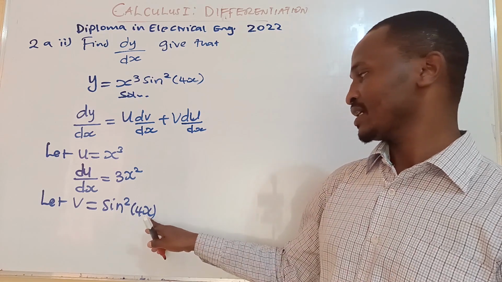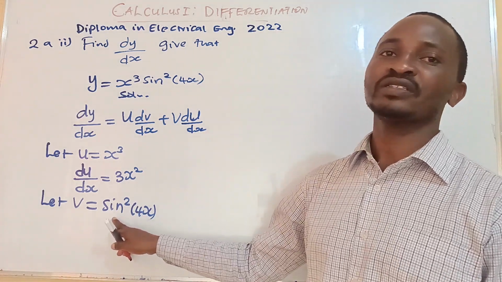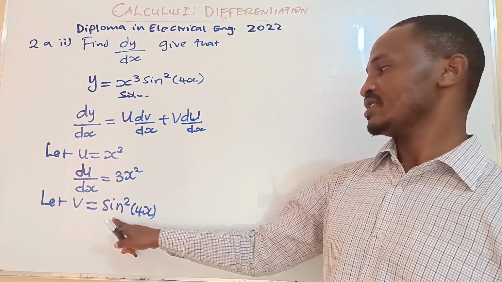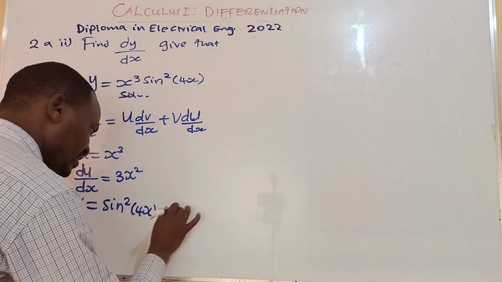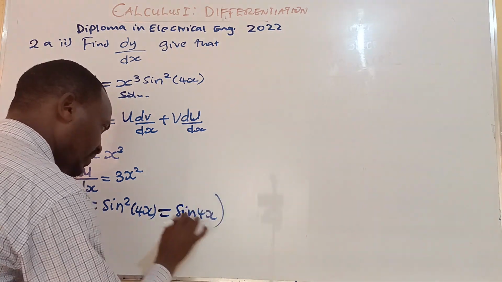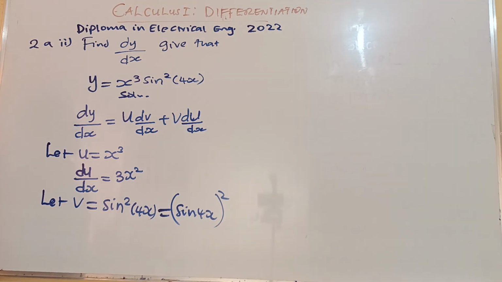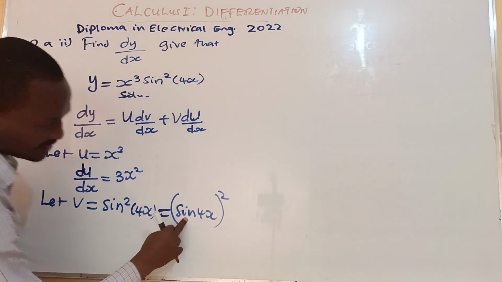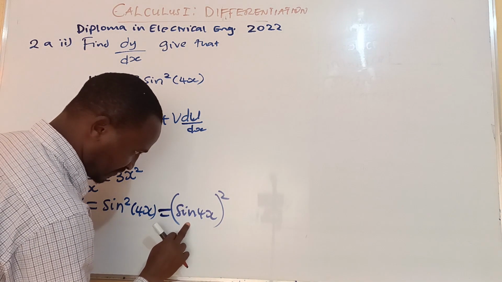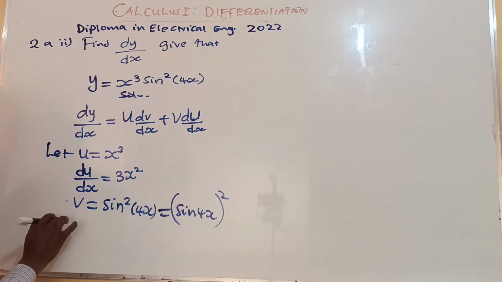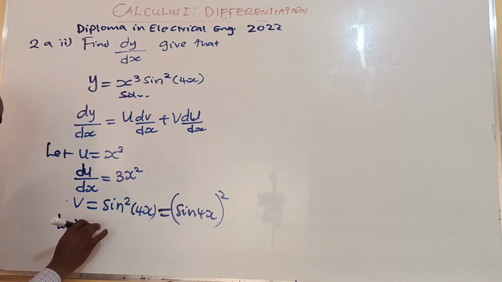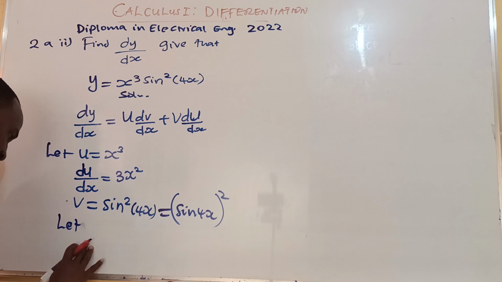We have 4x inside the sine function, and the sine function is inside the square function, because we can also write this as sine 4x, squared. I can't use u because we have already used it here in the formula, so maybe let's try something different.